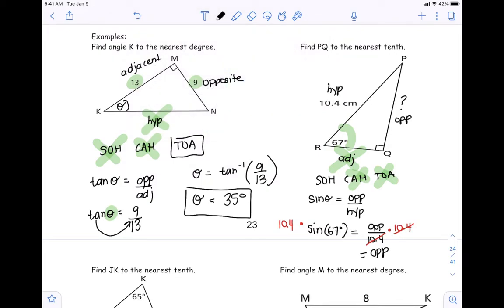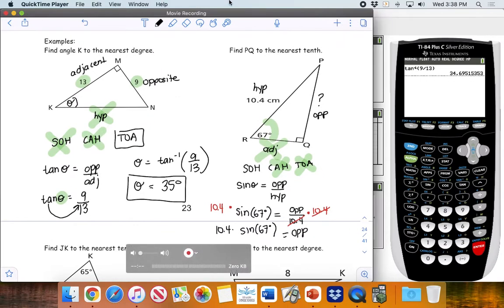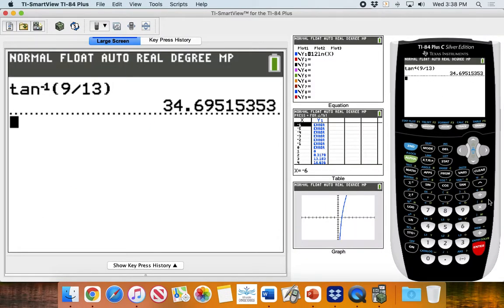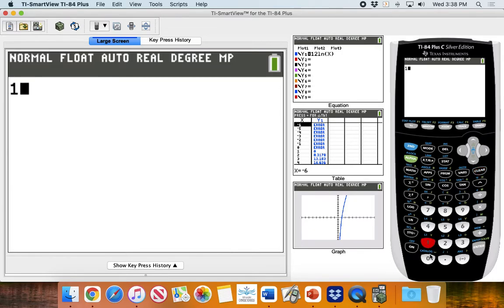You have to use your calculator and put this in exactly how you see it. So we're going to do 10.4 multiplied by sine 67 to get our opposite side. In your calculators, you're in degree mode. You want to do 10.4 multiplied by sine 67 within the brackets.